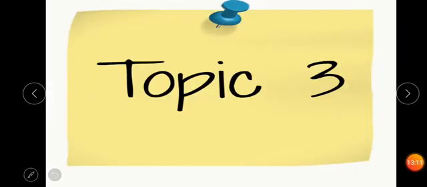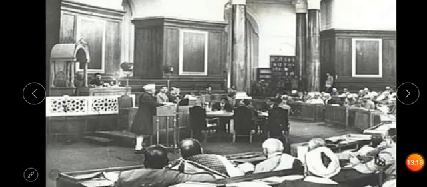Now we are going to move to the third topic, in which we'll study the Constituent Assembly. You can also see these photographs. They are in black and white because at that time the color camera was not developed. This is a photograph of the Constituent Assembly where Nehruji is giving a speech about the document, that is the Constitution, which they were framing at the time.